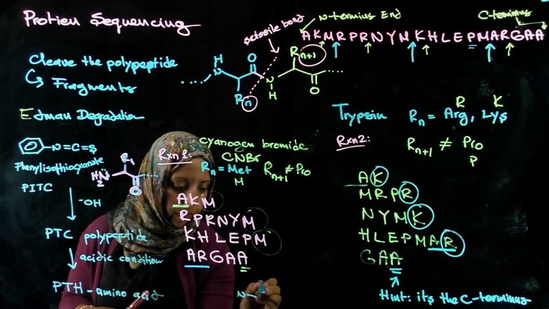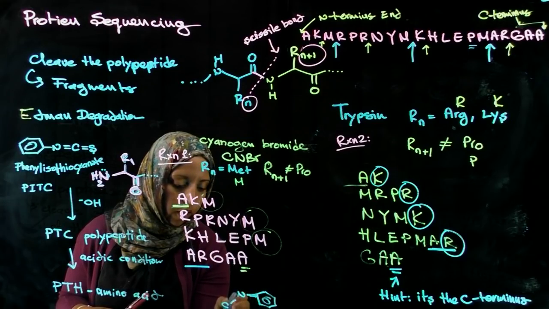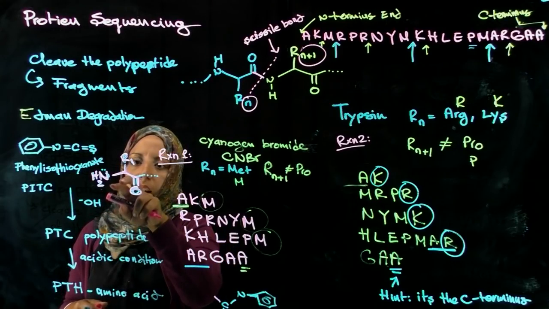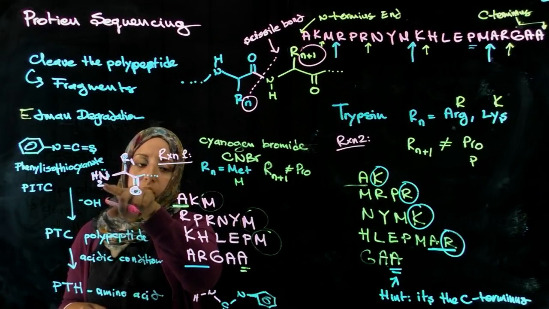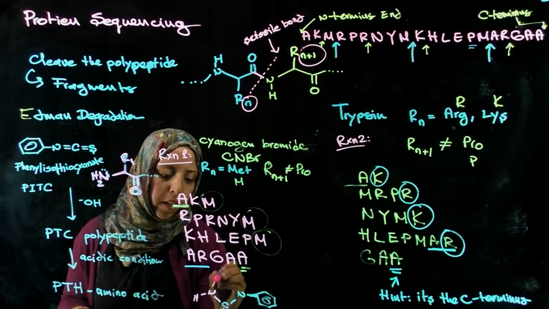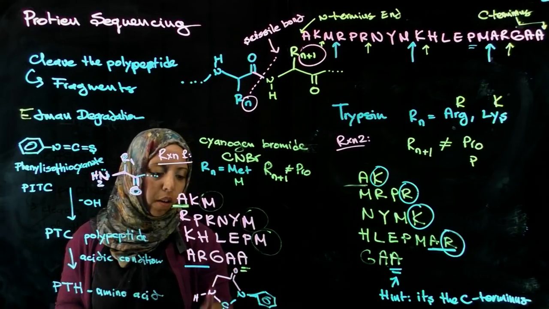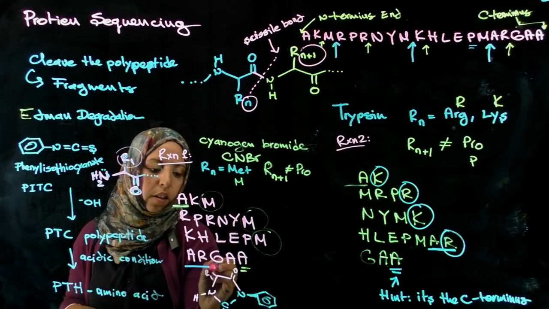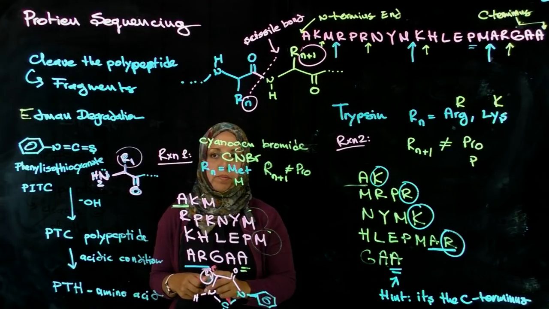So we have the nitrogen connected to the phenyl group, which is connected to the carbon, that's connected to the sulfur. And then we form this bond to the actual peptide, right? This is connected to the nitrogen that was at the N-terminus end, which is connected to the alpha carbon. That alpha carbon is connected to the carbonyl oxygen that now forms a bond to that nitrogen, and that's the peptide R1 right here, right? So it forms what we call this PTH amino acid, right?